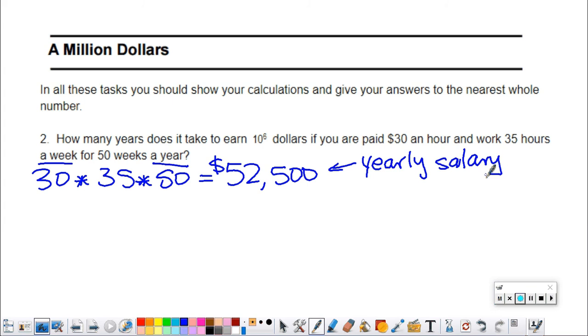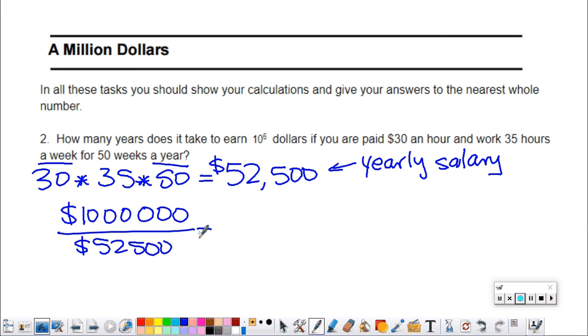Very good. All right, now I want to figure out how many years is it going to take to get to $1 million? Divide $1 million by $52,500.